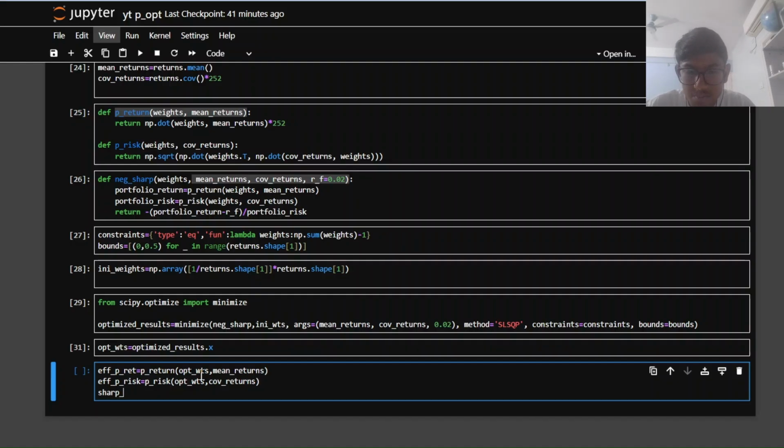So our Sharpe ratio would just be the negative of the negative Sharpe that we have defined, right? Optimized weights, mean returns, or wait, we already have, okay, never mind, we'll just implement it, and 0.02.